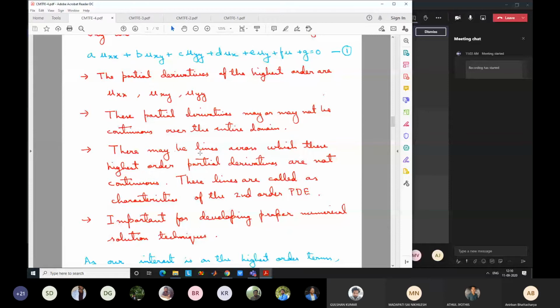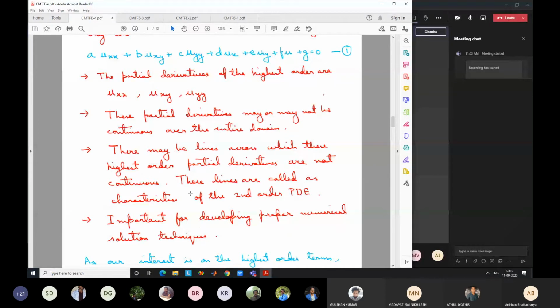These discontinuities may be lines across which the highest order partial derivatives are not continuous. There may be lines in a two-dimensional form across which this happens. These lines are what we will call the characteristics of the second order PDE. So for our CFD problem, the characteristic lines are lines across which there is a discontinuity of the highest order derivative.